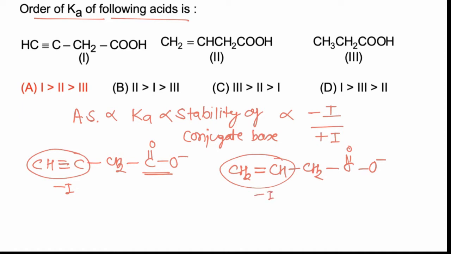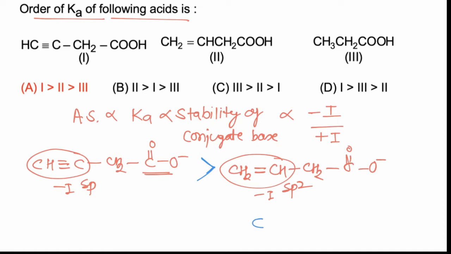So minus I of triple bond is greater than double bond. Here sp hybridized carbon is present, while in this case sp2 hybridized carbon is present. Now sp hybridized carbon has a greater minus I effect, so the first is more acidic than the second.